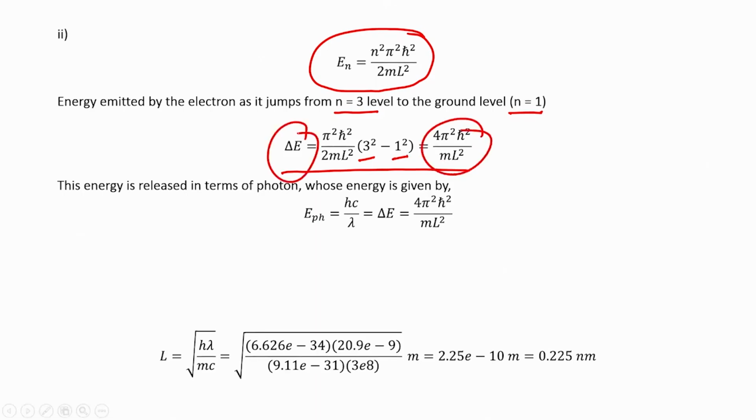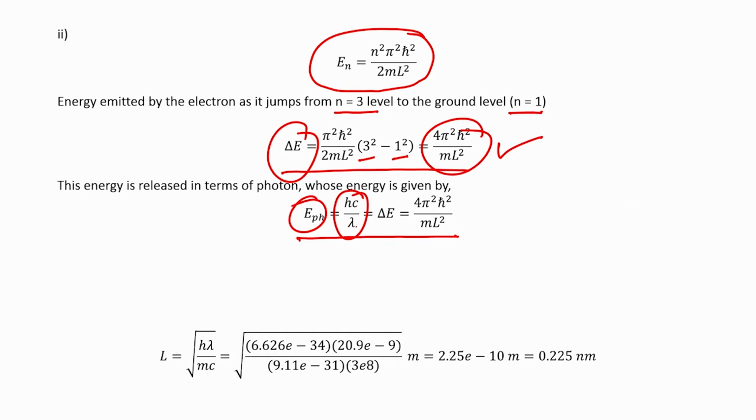Now, this energy is basically, as it emits a photon, equal to the energy of the released photon. So, the photon energy E_ph is equal to hc by lambda, and that should be equal to the released energy.